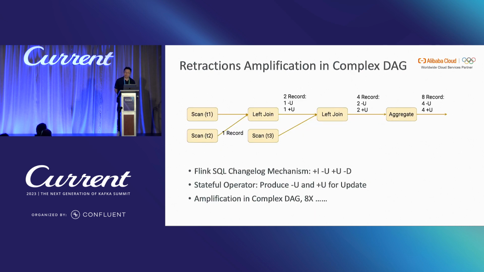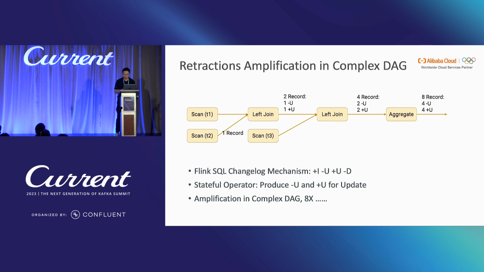So let's go to the next challenge. The next challenge is the problem of retraction amplification. What is retraction amplification? We previously talked about how Flink SQL's changelog solves the update problem, the root of streaming computation. Let's recall that the data is divided into 4 types: insert, update before, update after, and delete.